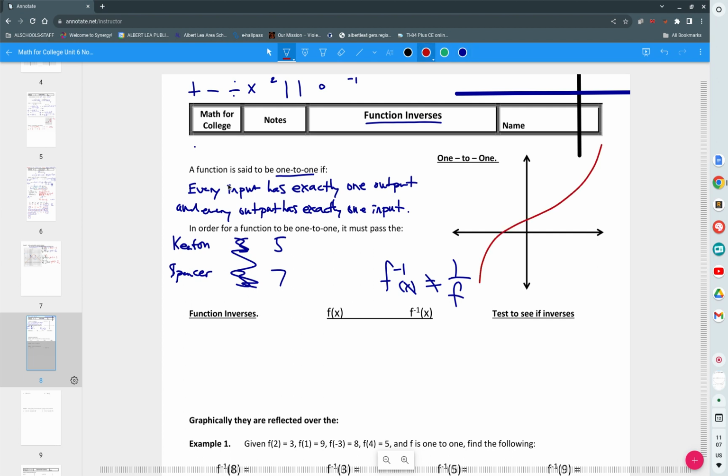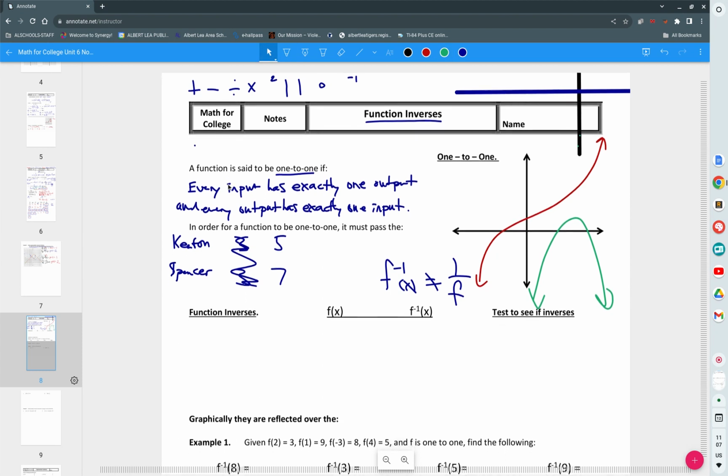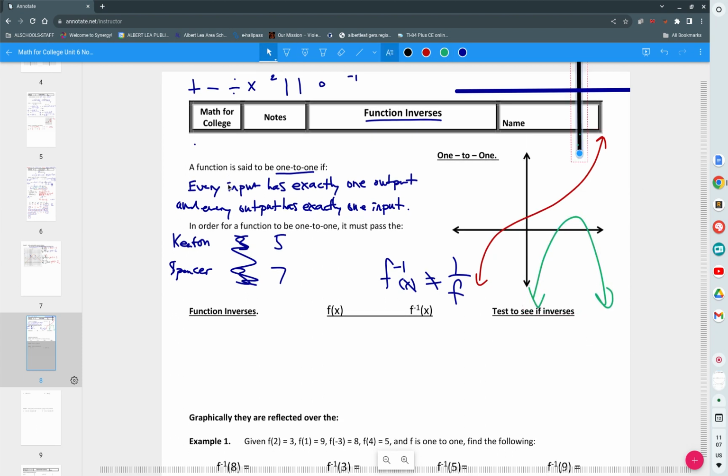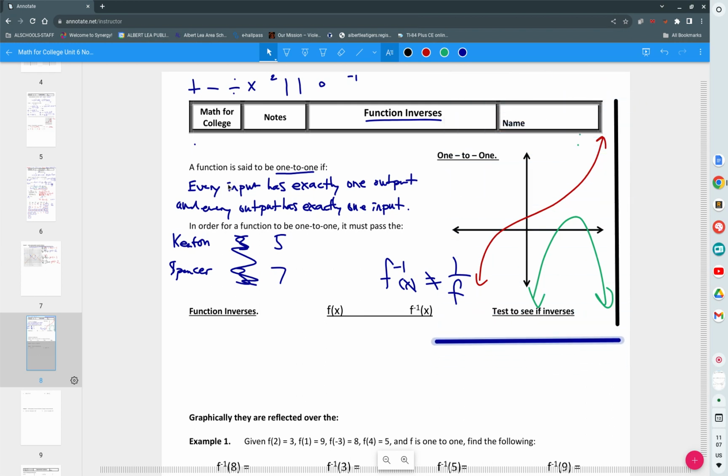The red one is a 1-to-1 function, and the green one is not a 1-to-1 function. And I'll show you why. I'm going to grab my vertical line here, and I'm going to drag it across. All right. Vertical line. Do you agree that these both are functions, that they both pass the vertical line test? Yes. Okay, but if I grab a horizontal line, the red one passes the horizontal line test, doesn't it?